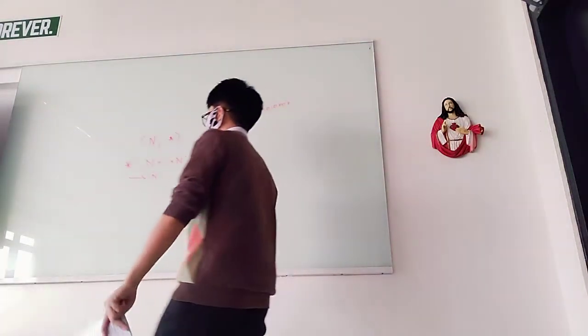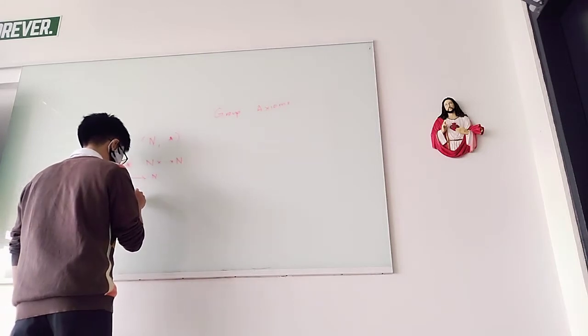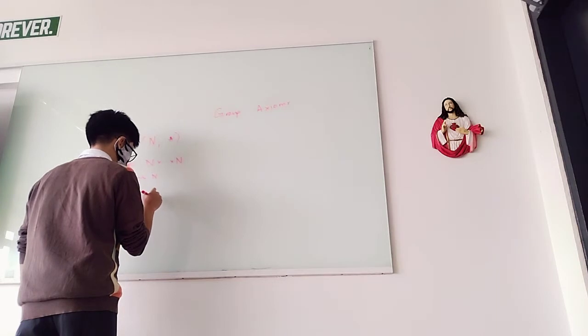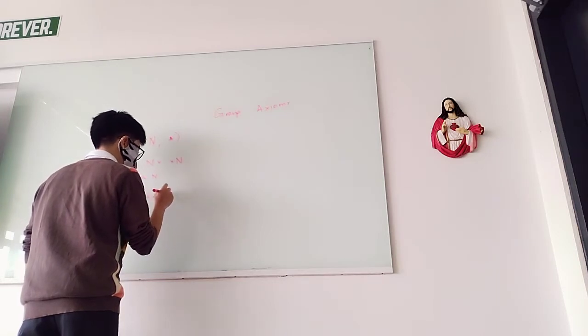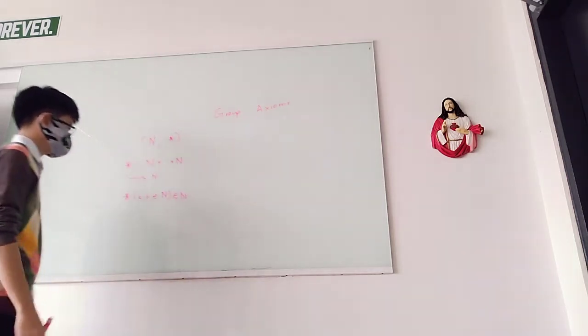And so I want to say that the operation applied to A, B in N is also an element of N. That's what it means to have closure.